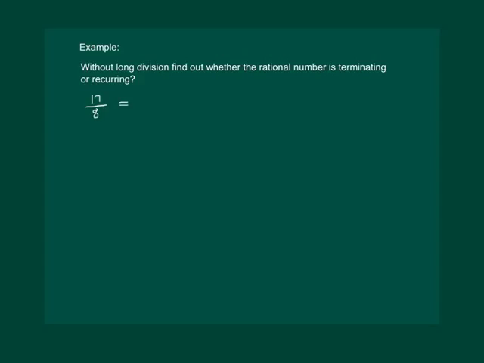We get 17 by 2 cube. We can write it as 2 cube into 5 power 0, as anything to the power of 0 is 1.